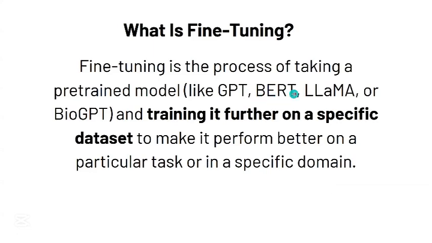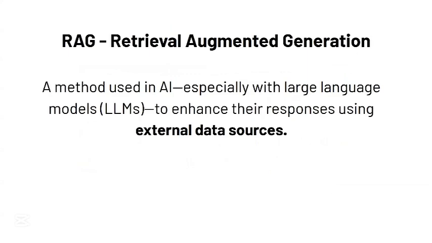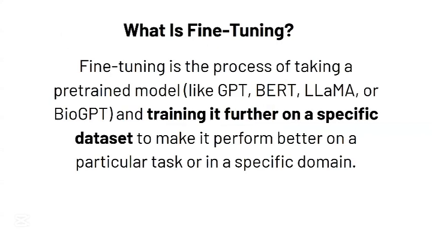So today also I am going to talk about a similar concept to fine tuning. That is RAG. RAG means retrieval augmented generation. So when we talk about fine tuning, we were able to train a pre-trained model using our own data.